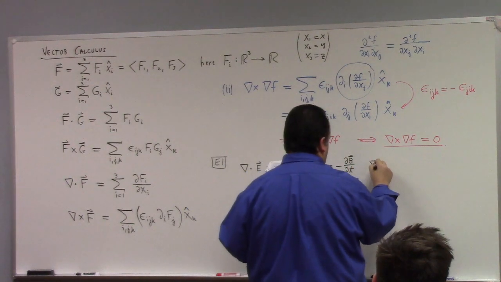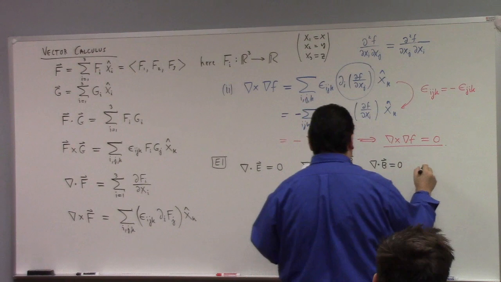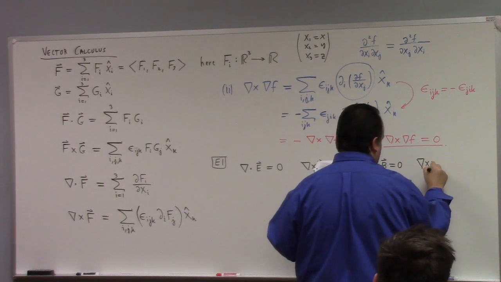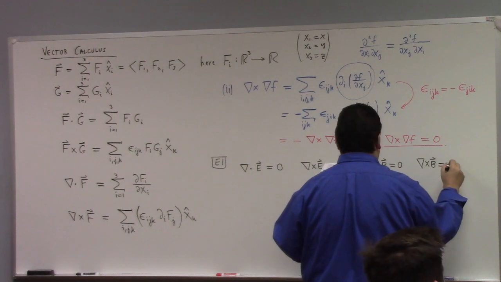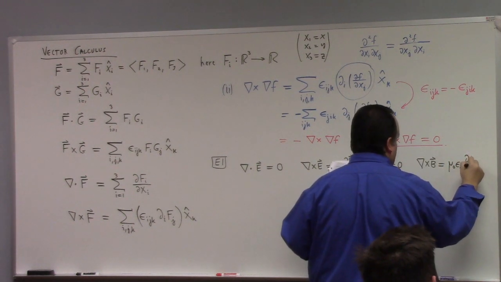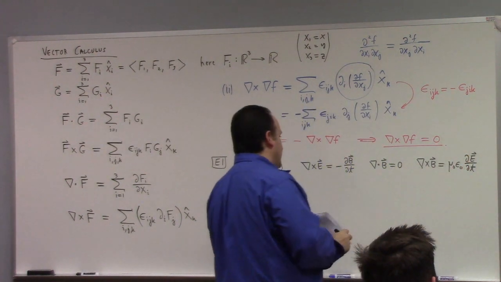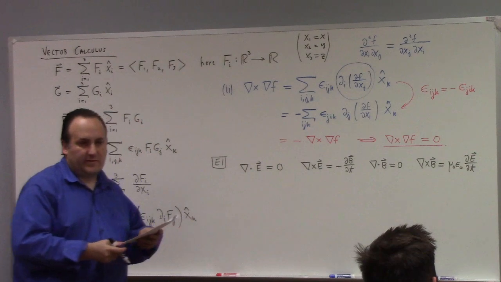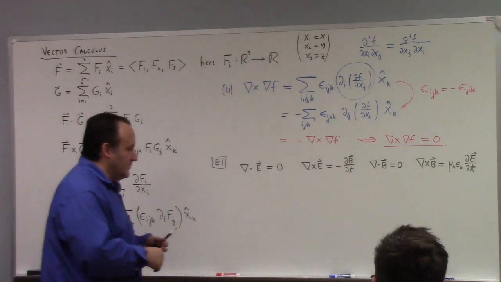The divergence of the magnetic field is 0. And the curl of the magnetic field is equal to mu naught epsilon naught times the partial derivative of the electric field with respect to time.